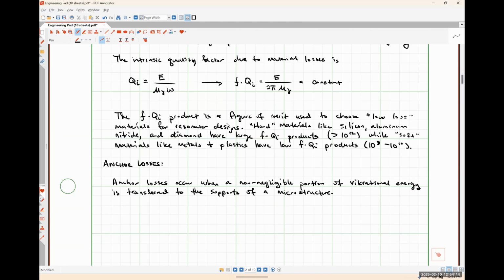These losses typically depend on the location of the support point and the type of anchoring that is used. This is a difficult thing to specifically determine, so usually computer simulations are used for modeling the structure as a whole, resonating it at frequencies of interest, and then you effectively back calculate what those anchor losses would actually be.